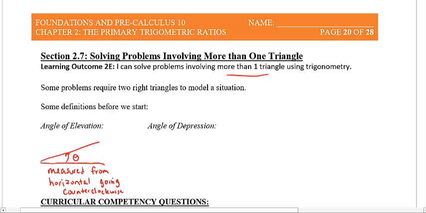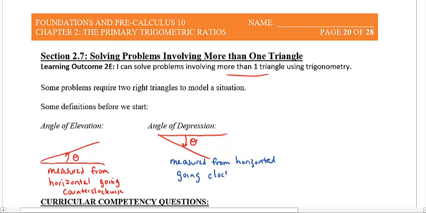Angle of depression, once again, is measured from the horizontal, but now going down. So measured from the horizontal going clockwise, or down.